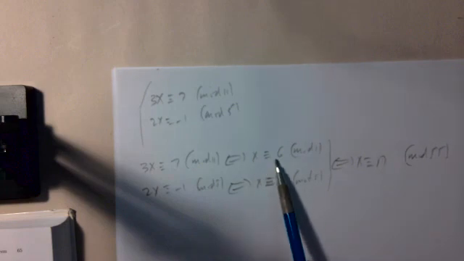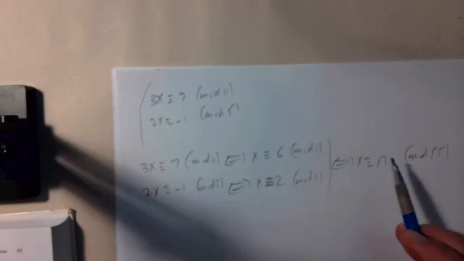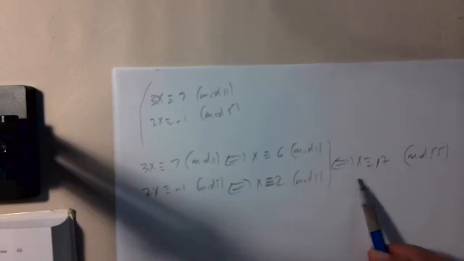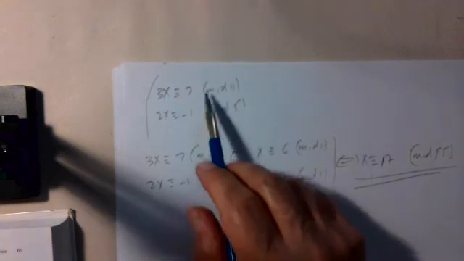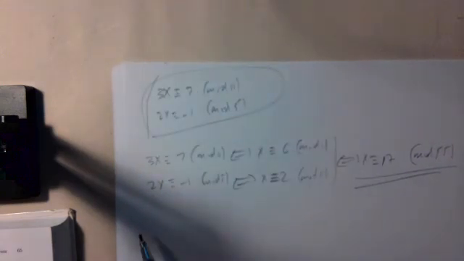Because 17 minus 6 is 11, and 17 minus 2 is 15, which is 3 times 5. So any x congruent to 17 mod 55 should be a solution of the original problem.